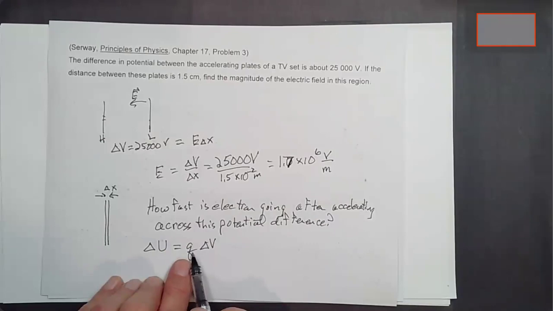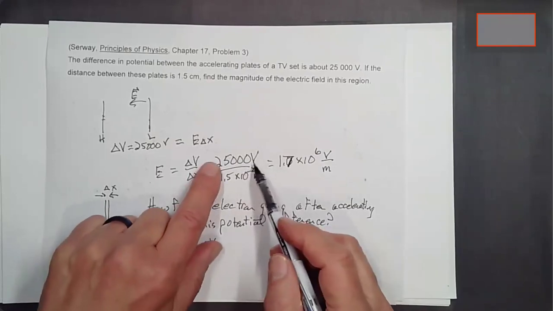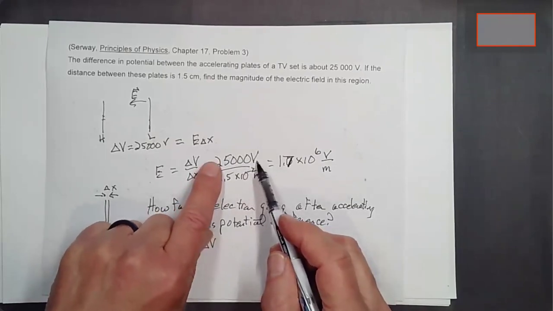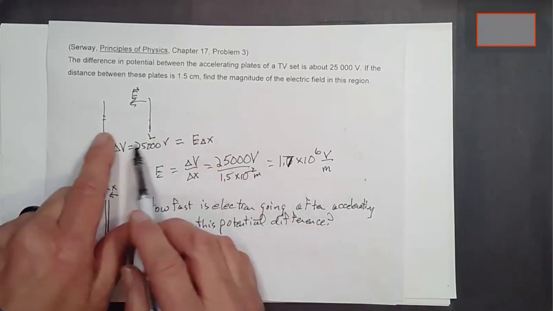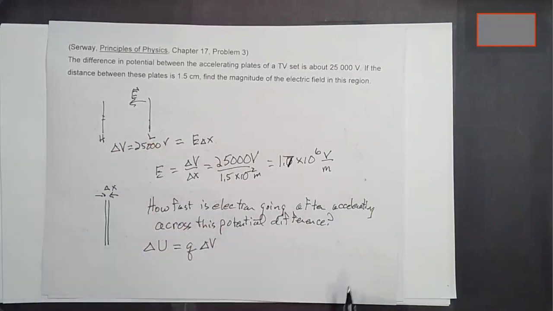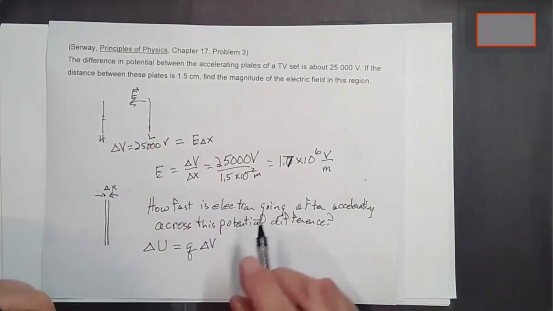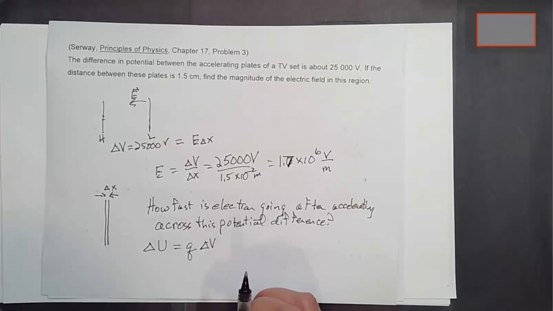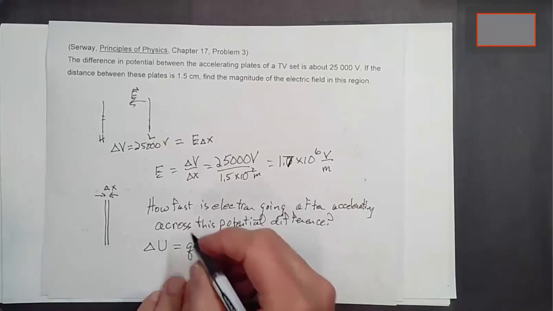Now, if I measured the Q in just electron charges, I would say that the electron would have 25,000 electron volts of kinetic energy when it crosses this region. But I'm going to do it in joules per coulomb so I can actually calculate the speed of the electron.